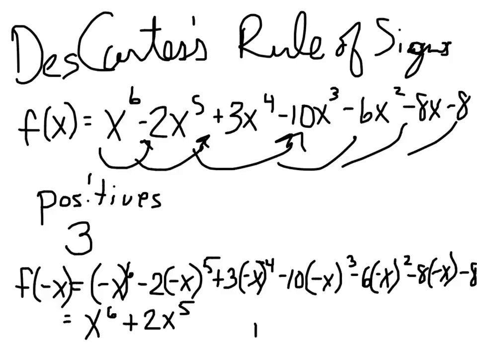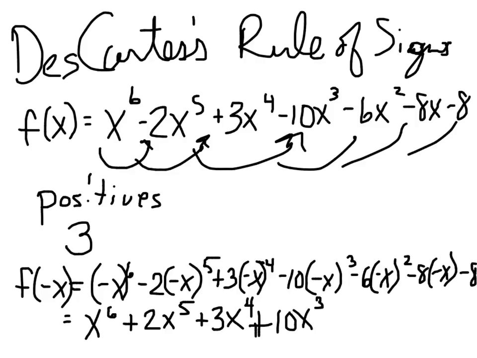So 4 negatives, is that positive or negative? Positive. The next one, I have 3 negatives from the exponent and 1 from the front. So it's a positive 10x to the 3rd.